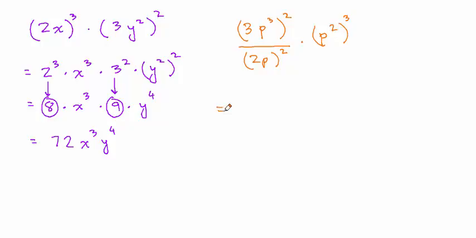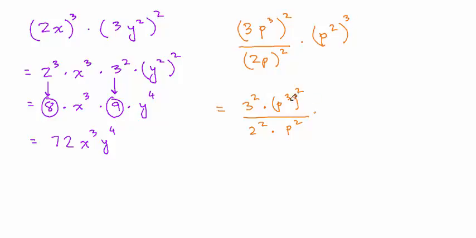So this is going to be equal to, apply the exponent on the 3, so this becomes 3 squared times p raised to the third raised to the second power, over 2 squared times p squared, times.